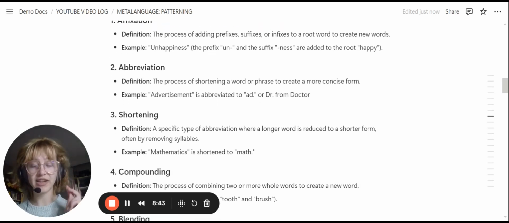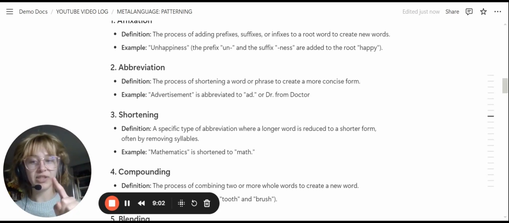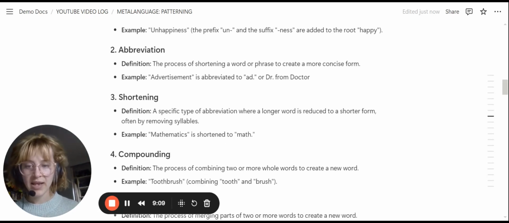So abbreviation and shortening, difficult to determine which of the two. And in actual fact, shortening is just when a longer word is reduced to a shorter form in some way. But abbreviation is often just the first couple letters or includes a full stop. So if you see something like ST for street full stop or DR for doctor full stop, it's an abbreviation. Shortening is where the long form is just reduced to a shorter form.